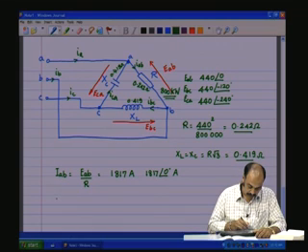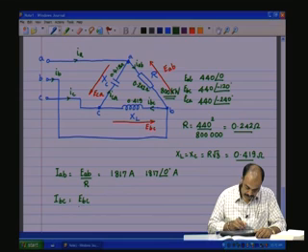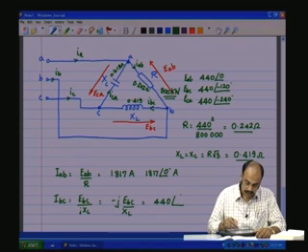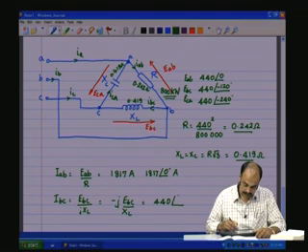Now, if I want to find out IBC, so now IBC will be EBC divided by JXL, which is equal to minus J EBC by XL, which is equal to, now EBC is 440 angle minus 120.